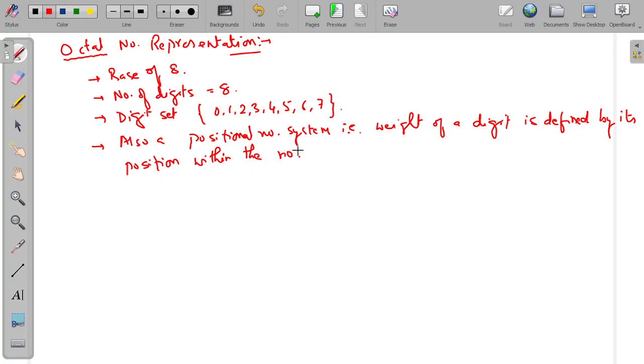Okay, so we can again have the conversions between these different number systems, that is from decimal to octal to binary.